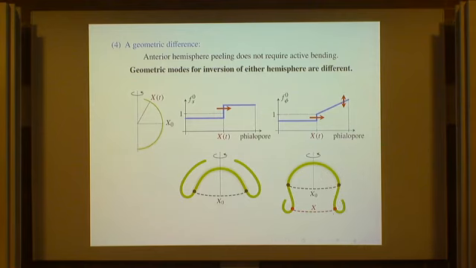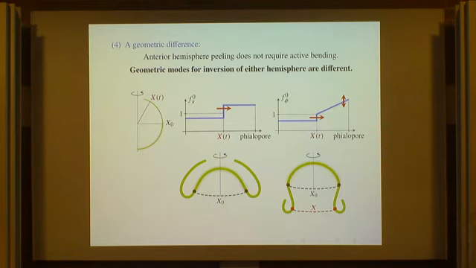So while the initial stages of this process are really driven by bending, it seems that bending is not necessary for the inversion of the anterior hemisphere, which is only driven by relative stretching of different parts of the cell sheet. And so there are very different geometric modes that the cell sheet is using to do different things.